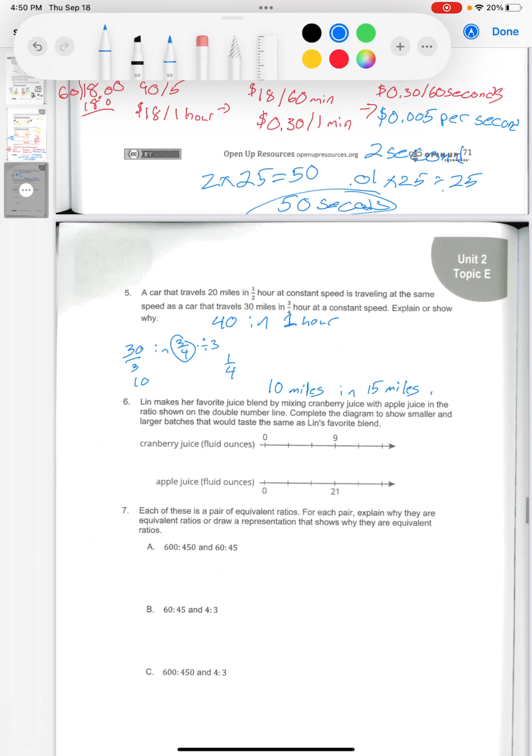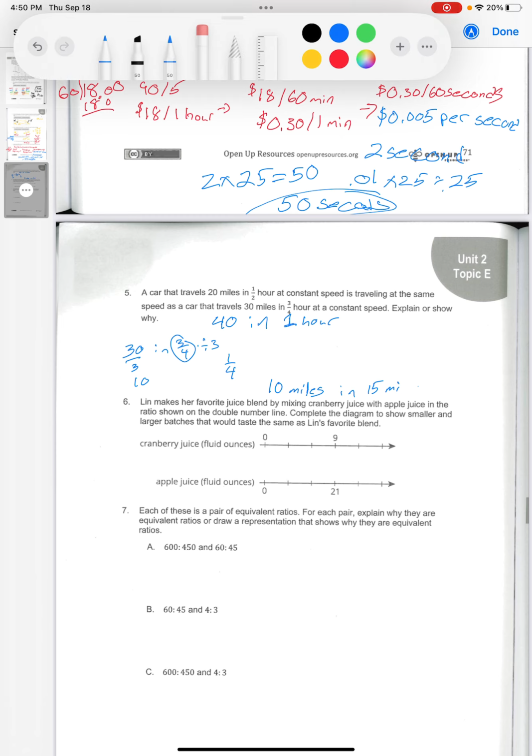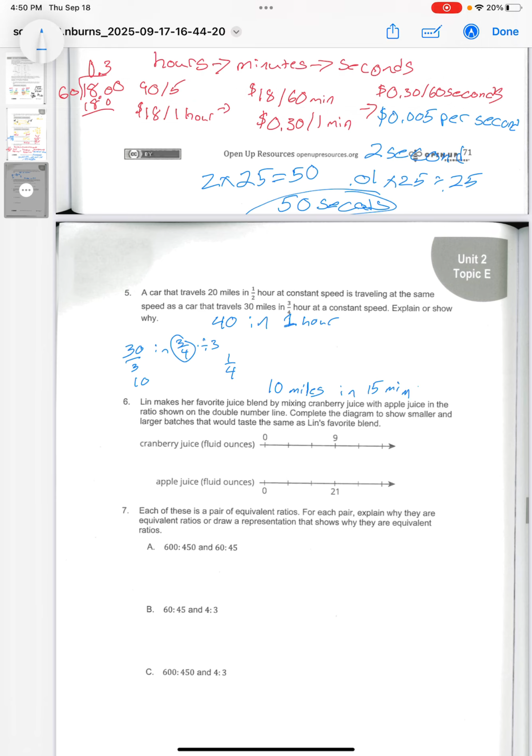I wrote miles and I meant minutes. Well, so that's 20 in 30, 30 in 45, and 40 in 60. So 40 miles in 1 hour. And so there's my explanation. There's my show.